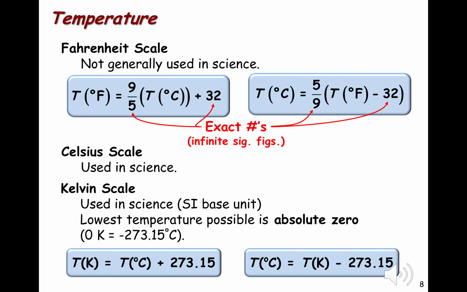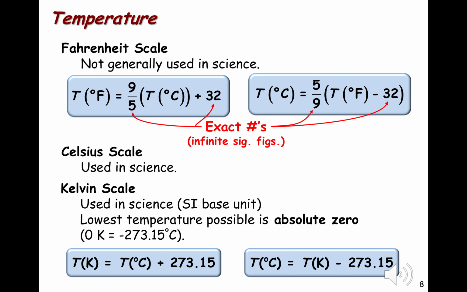What you should have a good feel for is that if you take a degree Celsius and multiply by about 2, that will be the temperature change on the Fahrenheit scale, taking into account that the 0 point is actually 32 degrees Fahrenheit.